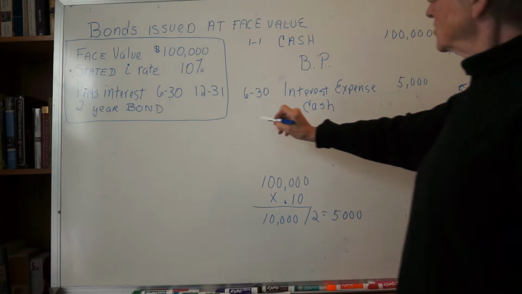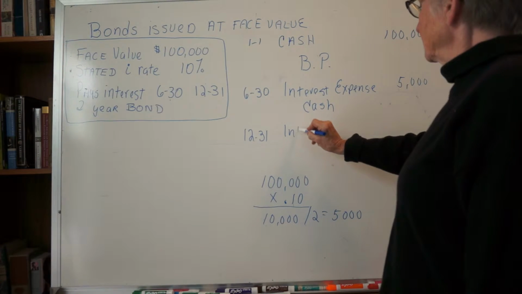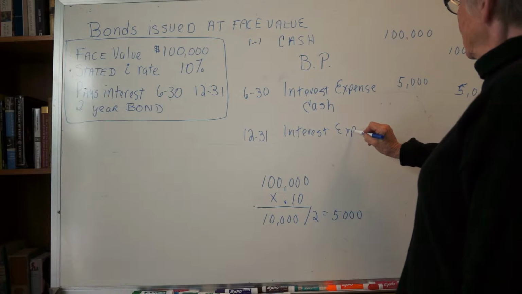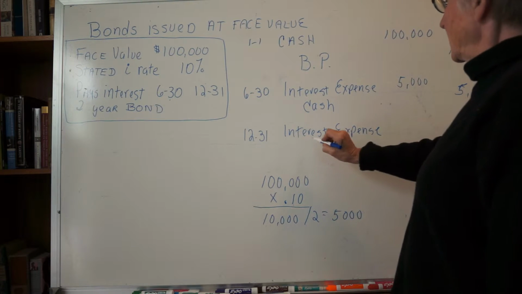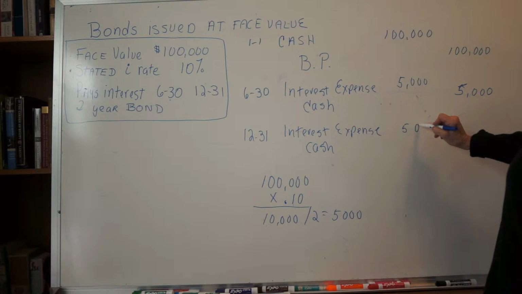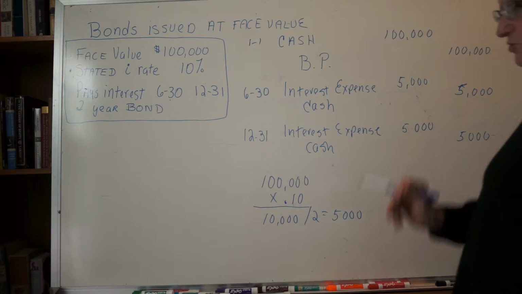Okay. On 12/31, we would do the same journal entry, interest expense and cash, $5,000. And for the next year, we would do the same 2 journal entries.